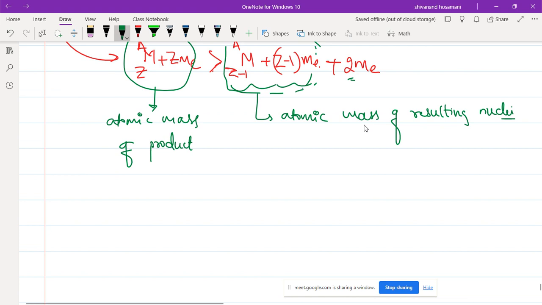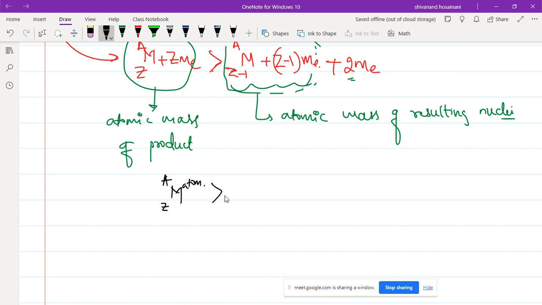Then if I rewrite the same thing, see, if I am treating them as atomic masses, I will write the mass of an element having atomic number Z, and A is the mass number. This is for the atom. Okay.